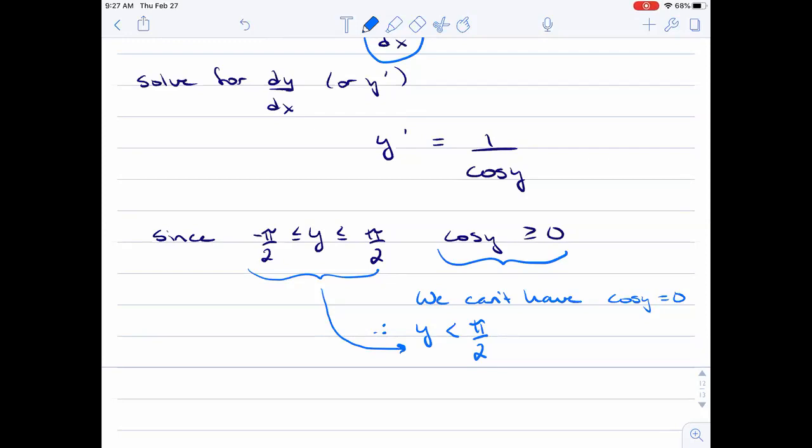For all those values between negative pi over 2 and pi over 2 inclusive, all the values of cos y will be positive, but can also include 0. So what I'm doing is, we're saying we can't have cos y equal to 0, so I'm going to adjust that top bound to not include pi over 2, because that's where that's going to happen.